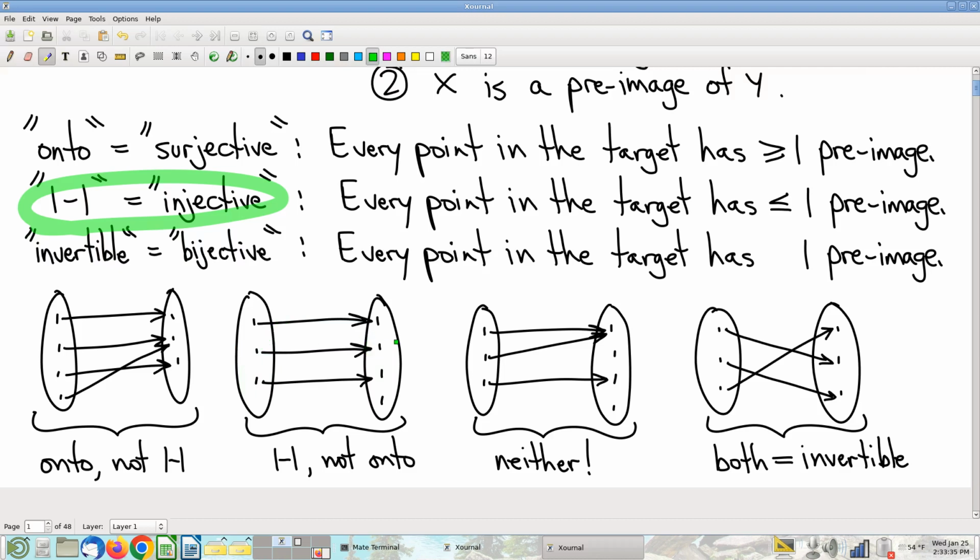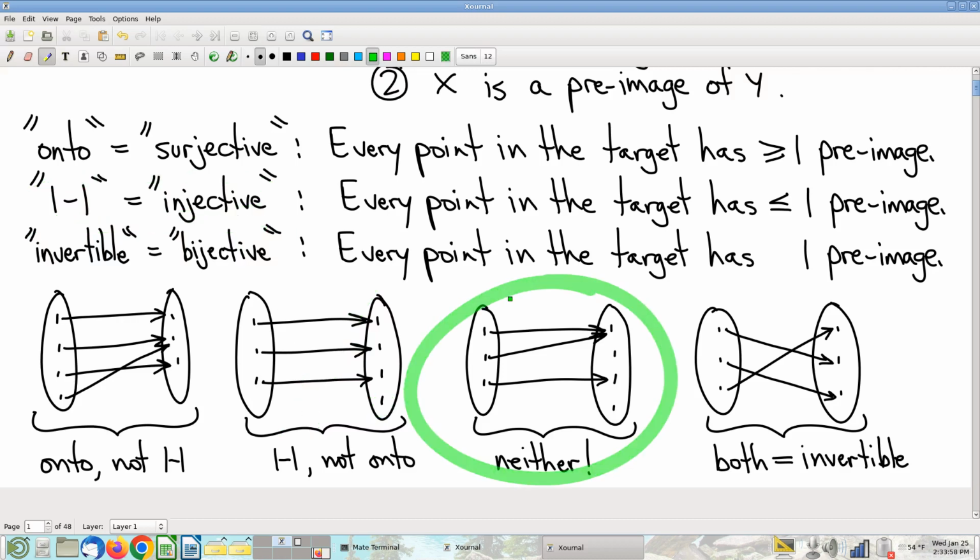Cool. This point, 1 pre-image. Cool. And this point has 0 pre-images, which is, as required, no more than 1. So this function passes. This function is injective, aka one-to-one.